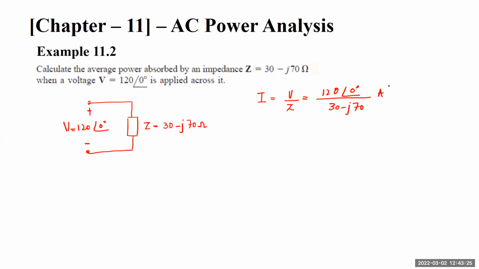The value of current in amperes will be 1.576 angle of 66.8 degrees amperes. This is the value of current appearing here. Now with this value of current, we can find out the average power.